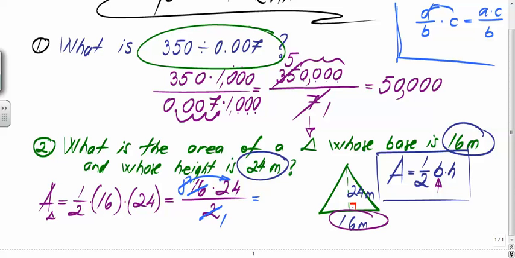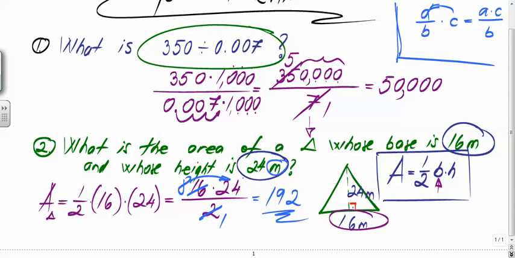You will go one step at a time. 8 times 4 is what? 32. 8 times 2 will be what? 16 plus 3 will be 19. And this is the answer for our problem. What is the area of the triangle with a base of 16 and the height of 24? I've got it. It will be 192.